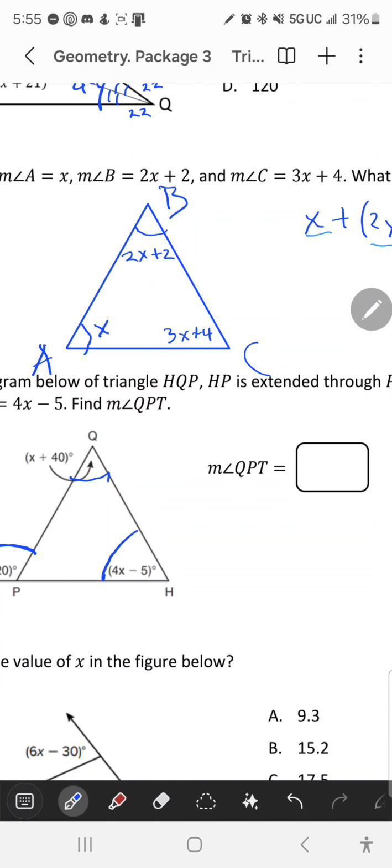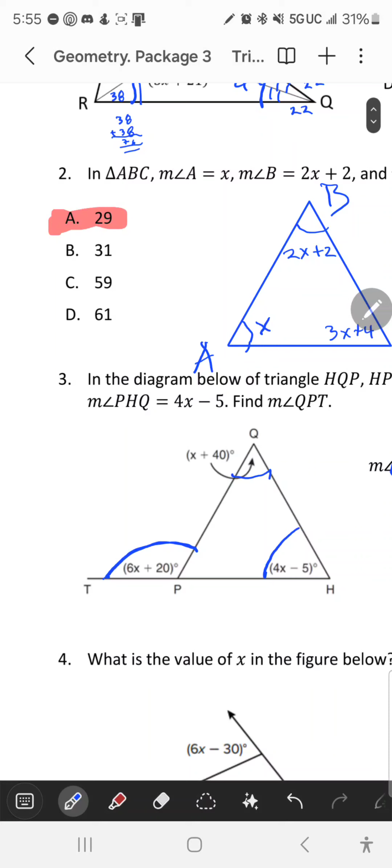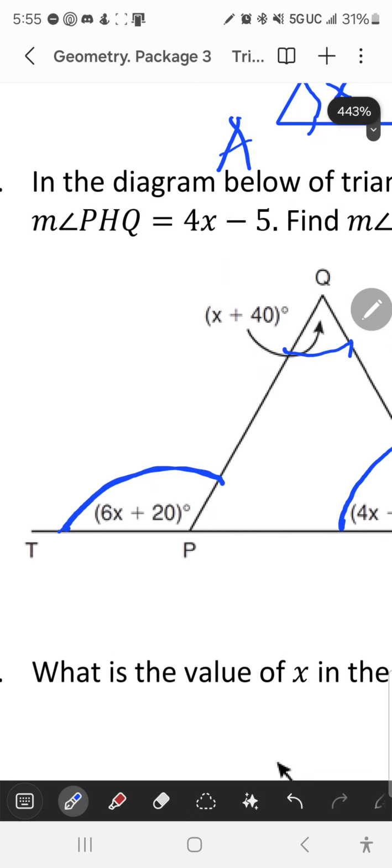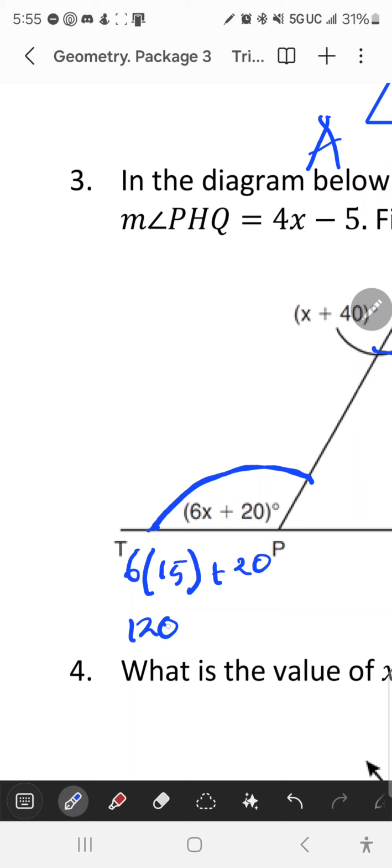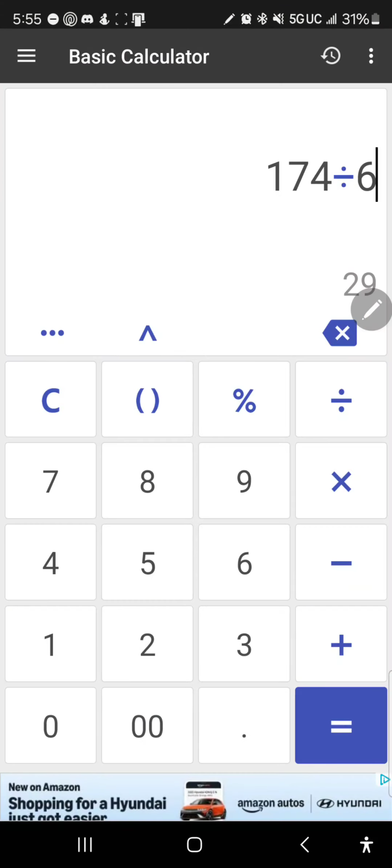Now, we just got the value of x, but they are asking us for the value of QPT. QPT is 6x plus 20. So x is 15, so 6 times 15 plus 20. 6 times 15 will be 120. 120 plus 20 will be 140. Let's just make sure.